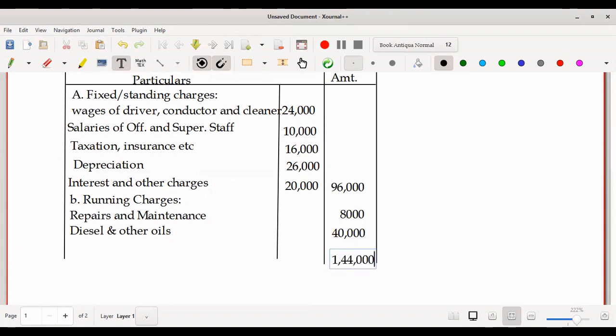This is to be written in the column, and this will be total 48,000. And when we total this, it comes to 1,44,000. So this is total operating cost.